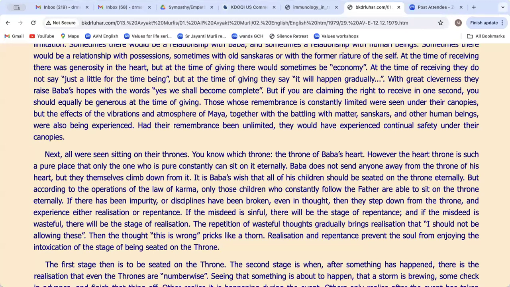Paap se Paschatap, sinful. And if the misdeed is just wasteful, like something which I have done, waste thoughts I have had about someone, waste actions or waste words I'm speaking, then it will just be a stage of realization.